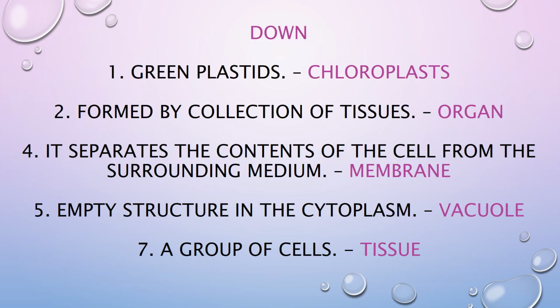Down is green plastids that are called chloroplasts. Second is formed by collection of tissues, that is organ. Next one is it separates the contents of the cell from the surrounding medium, that is the membrane. Empty structure in the cytoplasm, that is vacuole. A group of cells that is called tissue.